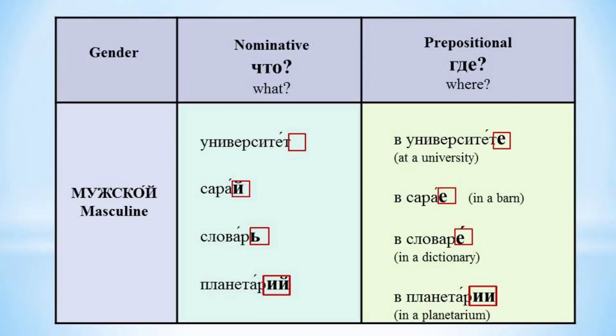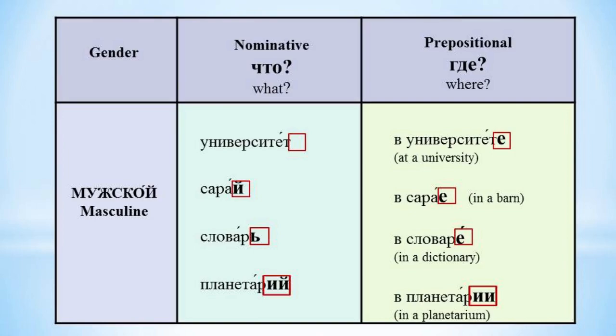If a masculine noun ends with a consonant and we need to change this noun into the prepositional case, we add the letter «е». So университет, в университете. You can see that we added the letter «е» here. If a masculine noun ends with the letter «й», like сарай, when we need to change this word into the prepositional case, we remove the letter «й» and put the letter «е» instead of it.